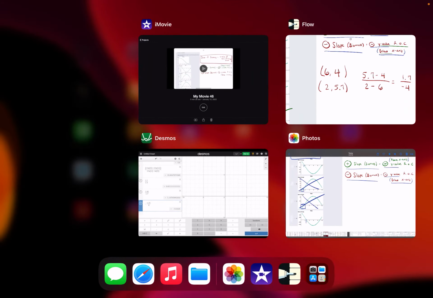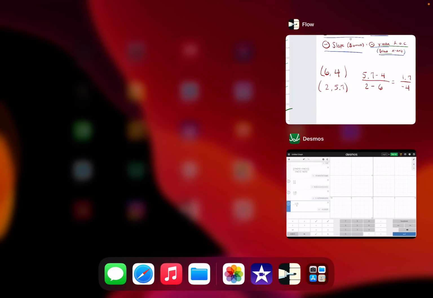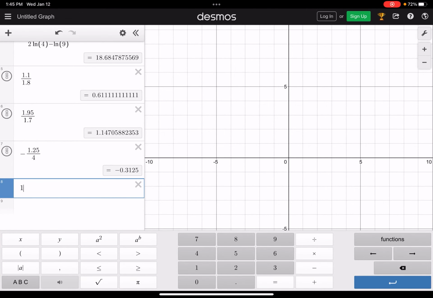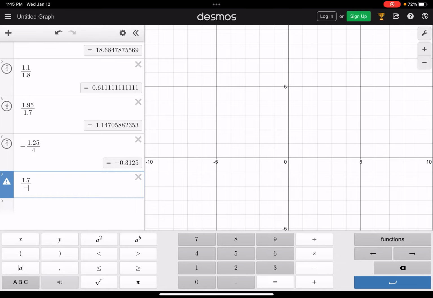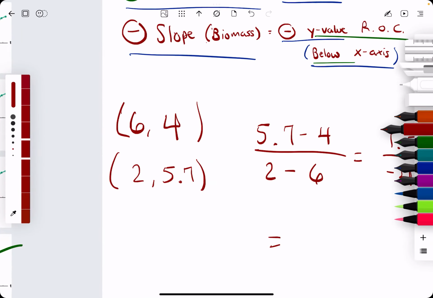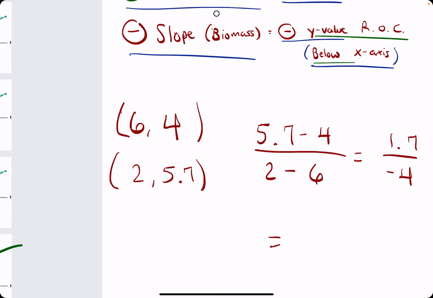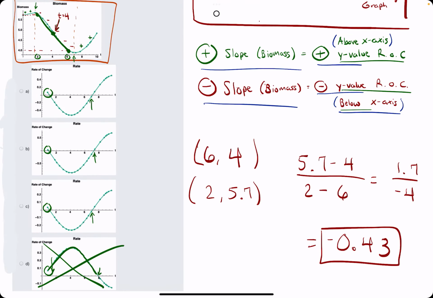So opening Desmos, we do 1.7 divided by negative 4, and we get about negative 0.425. So maybe negative 0.43.